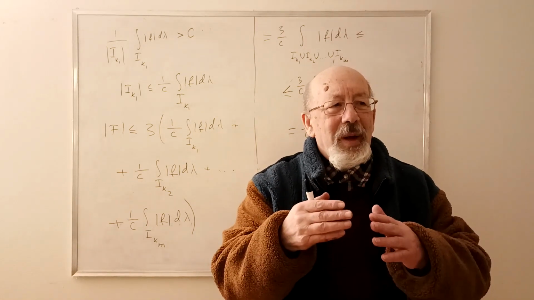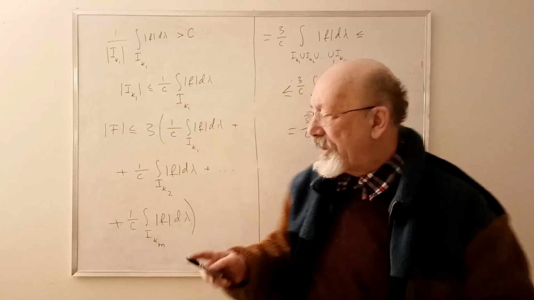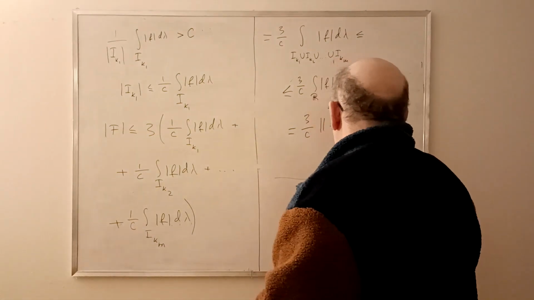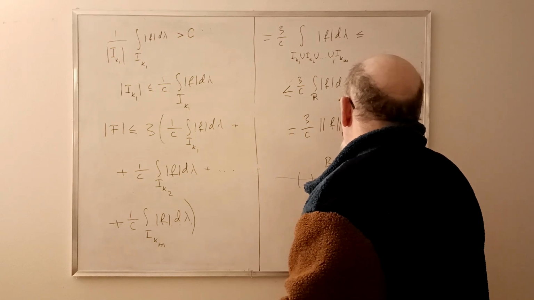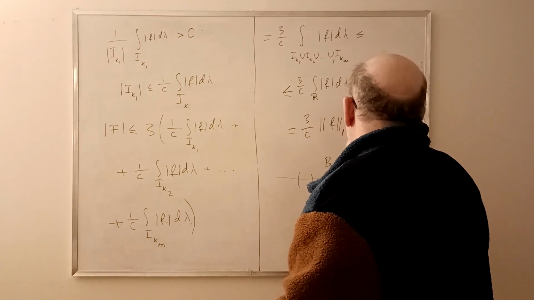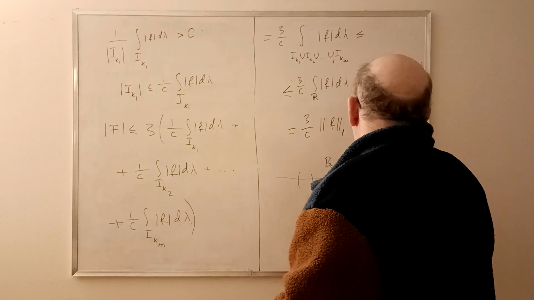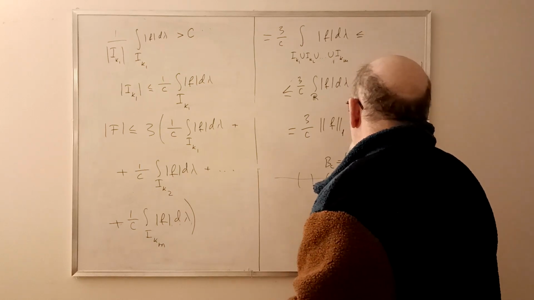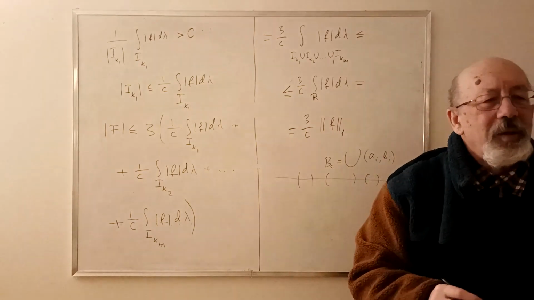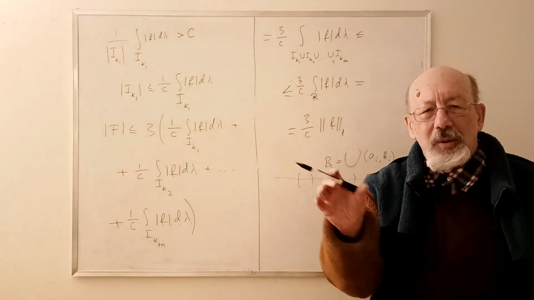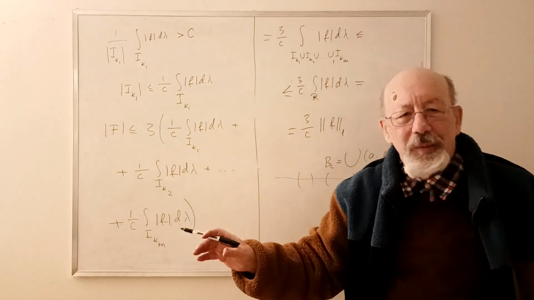So we know that this B_c equals a union of, say, (a_i, b_i), non-overlapping. It is because it is an open set on the line, a countable union of intervals.